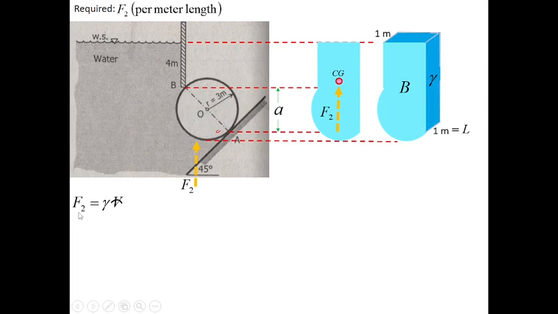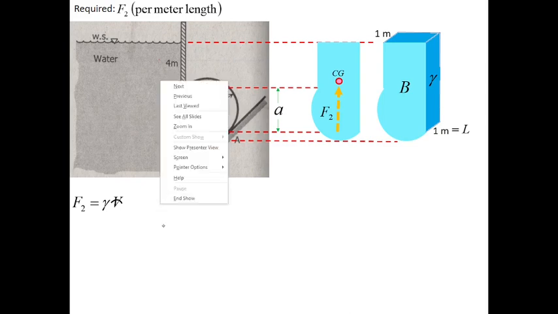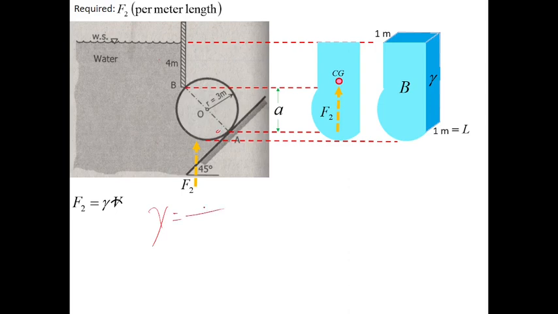So, F2 is equals to unit weight times the volume, the liquid volume. Diba, ang specific weight natin ay weight over volume. So, ang weight ng isang bagay ay unit weight times V. So, yung weight na yan ay equal sa F2.